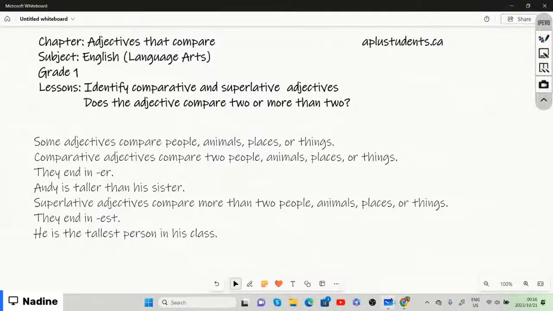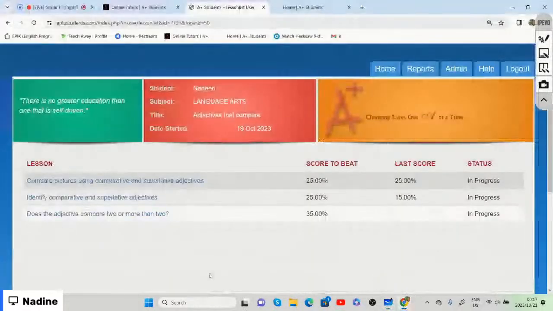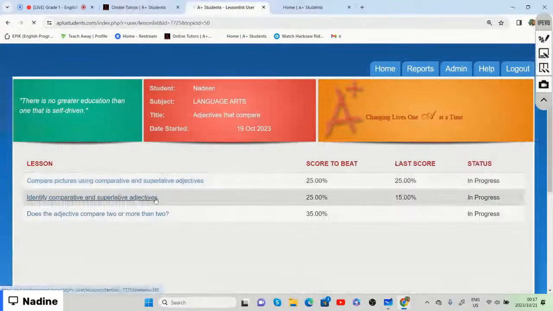All right. Okay, so we're going into the first lesson, that is to identify comparative and superlative adjectives.